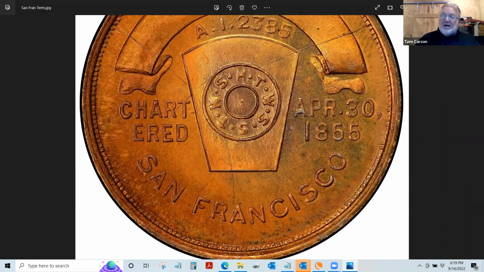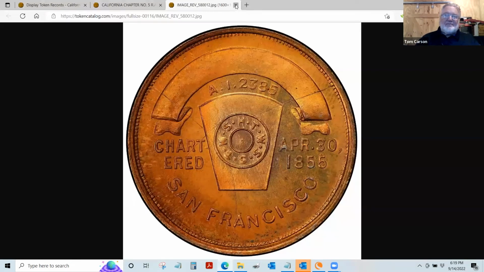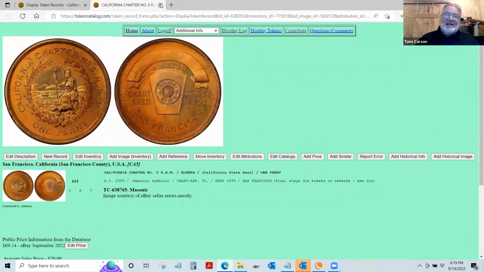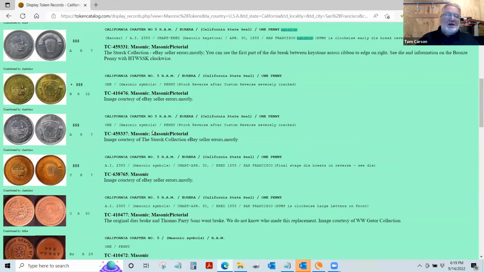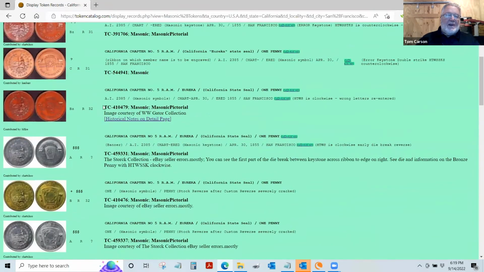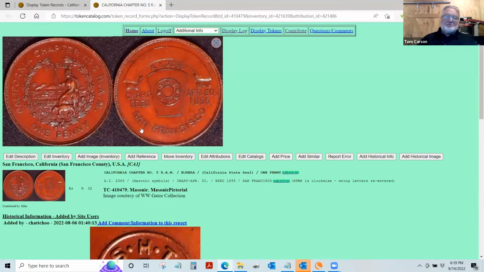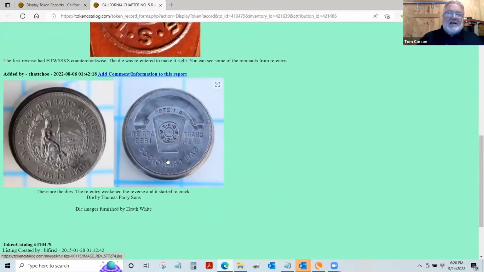Okay, how do we know it's the final crack? Well, the dies exist for this penny, and here's the dies, and it shows the final crack. At this point, they had to quit using the reverse.